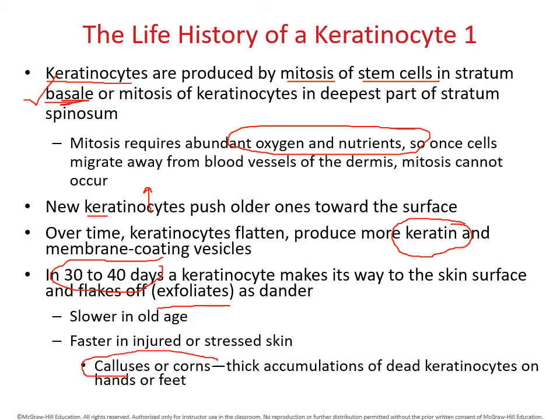Calluses or corns are usually found on the hands or the feet in areas that have exposure to high amounts of abrasion. This is all due to the abrasion causing the keratinocytes to proliferate at a higher rate, causing them to start bunching together as they die off. And the thick accumulation is then what we see as a callus or a corn.